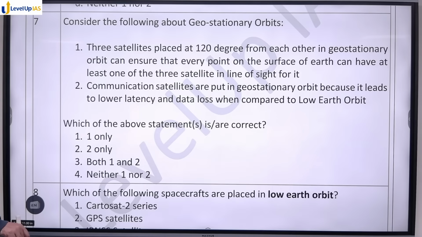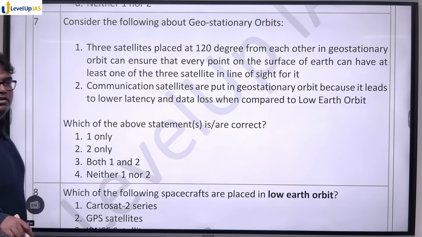A. 3 satellites placed at 120 degrees from each other in geostationary orbit can ensure that every point on the surface of Earth can have at least one of the 3 satellites in line of sight for it. Communication satellites are put in geostationary orbit because it leads to lower latency and data loss when compared to lower.